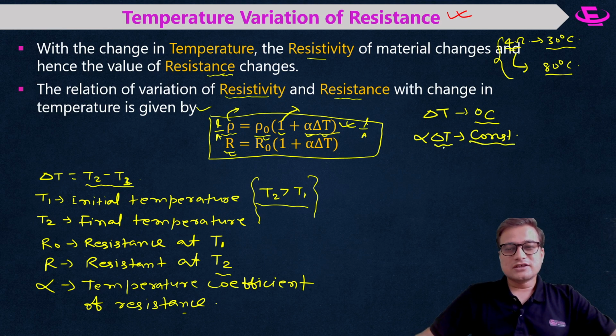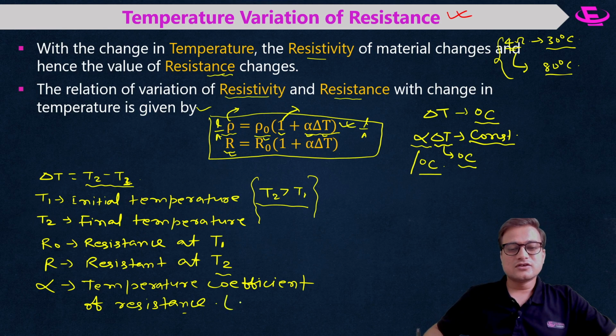Delta T is not constant, its unit is degree Celsius. Now what about alpha? To make the product constant, it should be per degree Celsius. The unit of temperature coefficient of resistance is per degree Celsius.